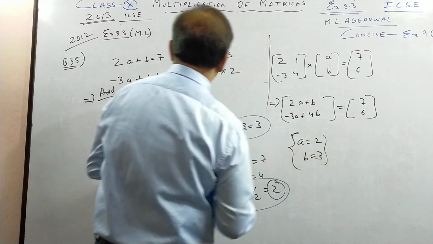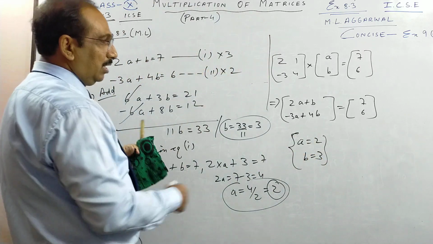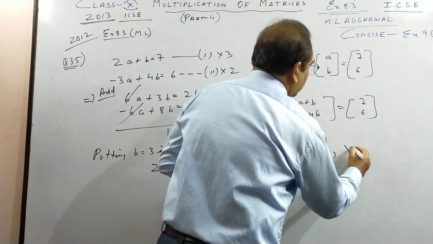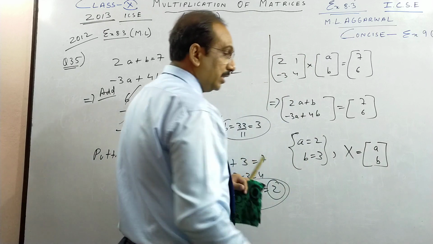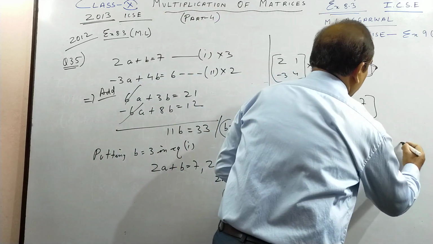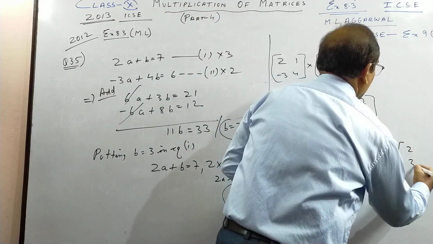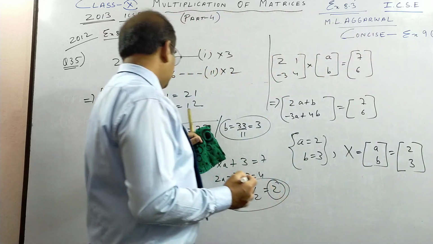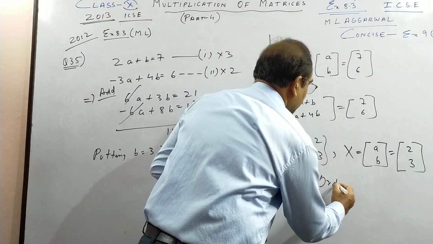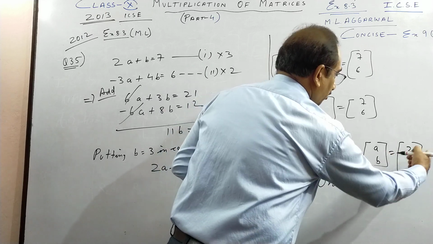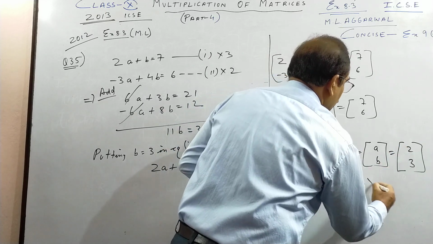So my answer, if you see, what is matrix X? X is a by b. So don't write like this, 1 mark you will lose. So write the matrix X is 2, 3, and for the first part, if you remember, the order of the matrix we found out is 2 by 1.